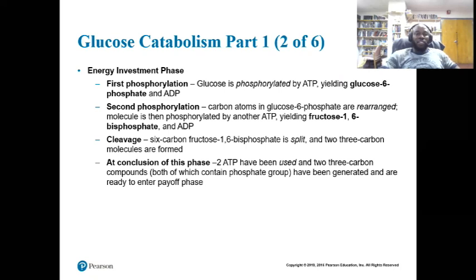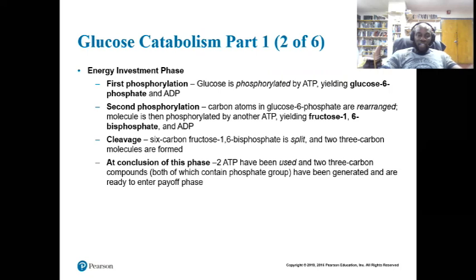All right, so the energy investment phase requires energy. And you don't need to know all the steps, but we're just going to go through them briefly here. Right, glucose is phosphorylated, add a phosphorus. Then you have another phosphorylation by ATP.